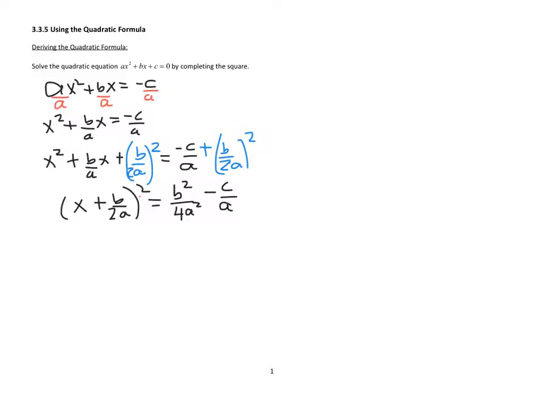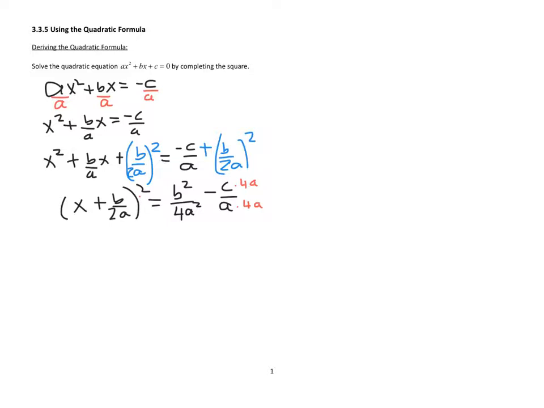And then my next step, let me simplify my right hand side. So I'm going to get a common denominator, so I'm going to multiply this by 4a and this by 4a, and what do I get on the next step?